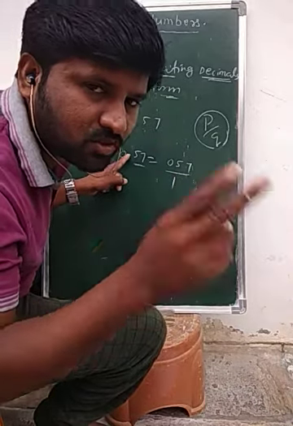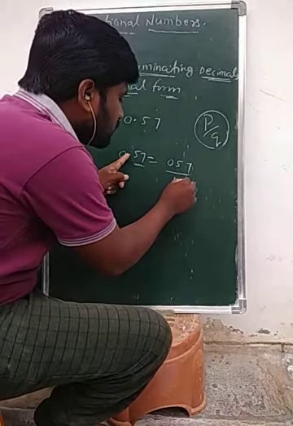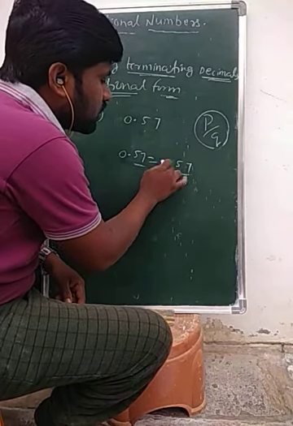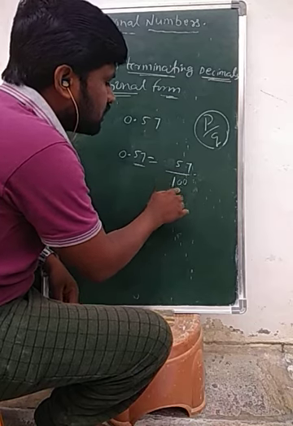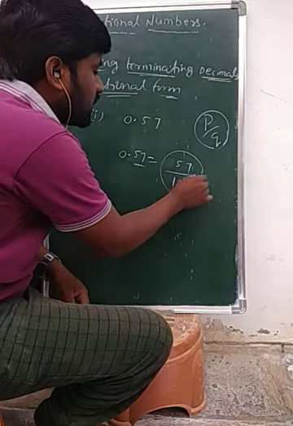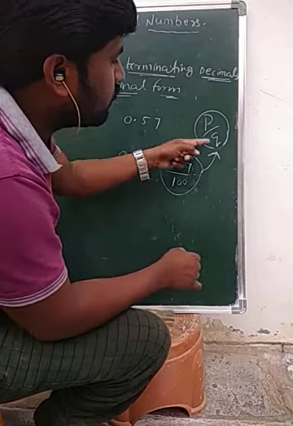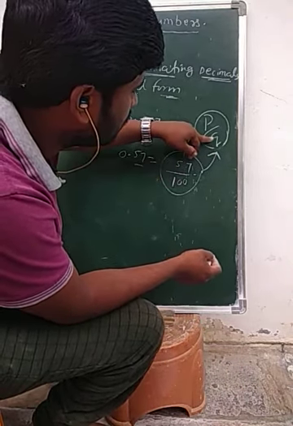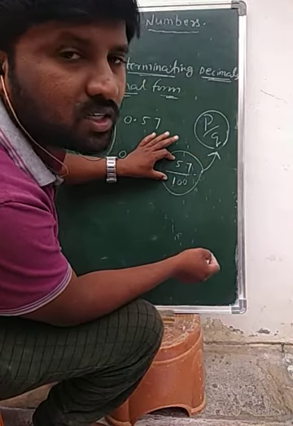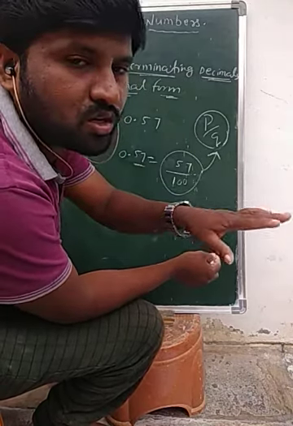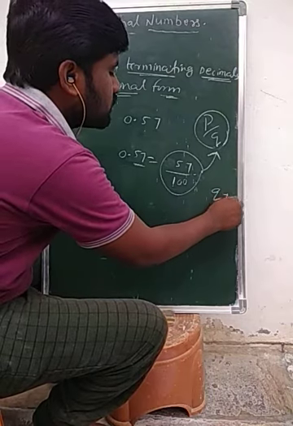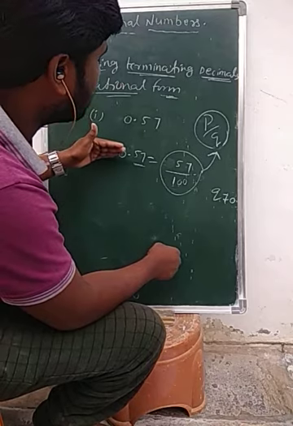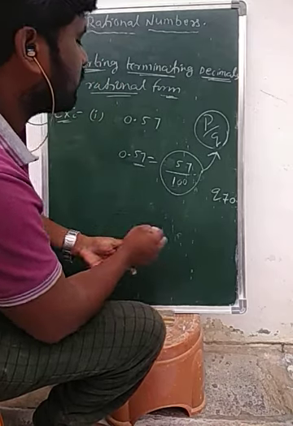That's why you write 2 zeros on the right side of 1. The 0 on the left side is not valid. So we get 57/100, which is in the p/q form, where p is 57 and q is 100. These two are integers and the denominator should not equal 0. 100 is not equal to 0. So like this we can write terminating decimals in rational form.